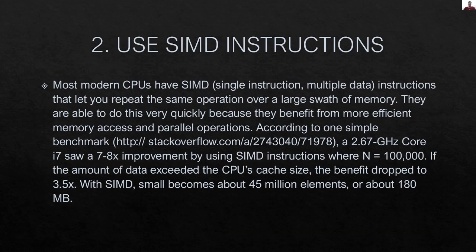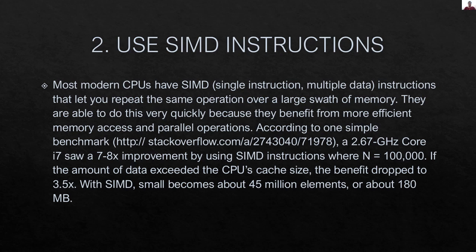Use SIMD instructions. Most modern CPUs have SIMD, single instruction multiple data instructions, that let you repeat the same operation over a large swath of memory. They are able to do this very quickly because they benefit from more efficient memory access and parallel operations.